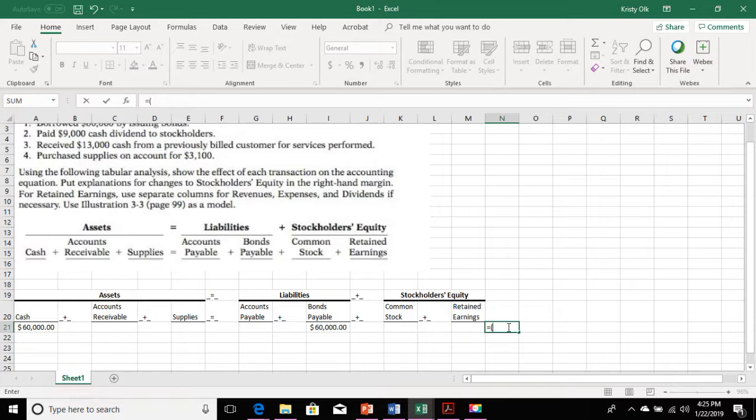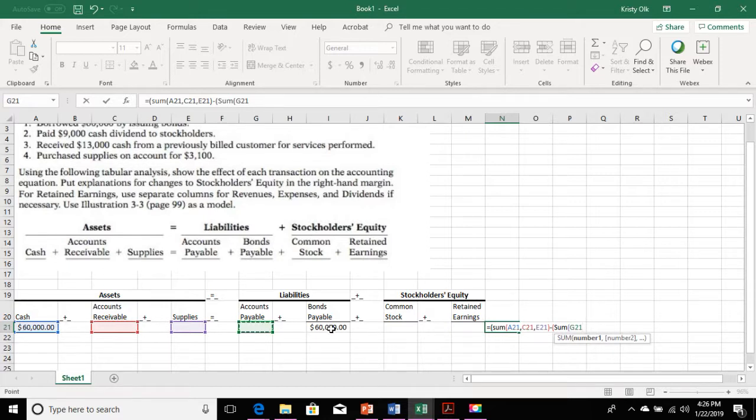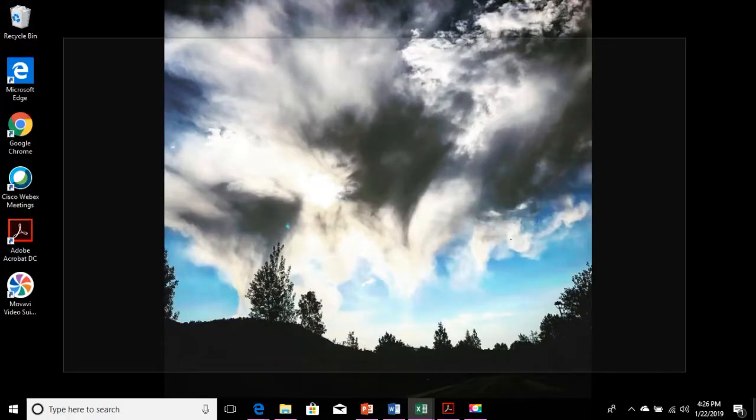And because I'm going to do multiple things here, I'm going to take the sum of my assets, and then I'm going to say minus the sum of my accounts payable, my bonds payable, my common stock, and my retained earnings.